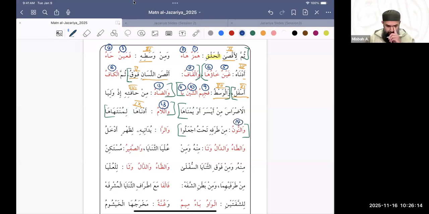من طرفه تحت جعلوا. من طرفه أي طرف اللسان. The tip of the tongue. تحت جعلوا. They made it from lower further, meaning lower than the makhraj of lam.